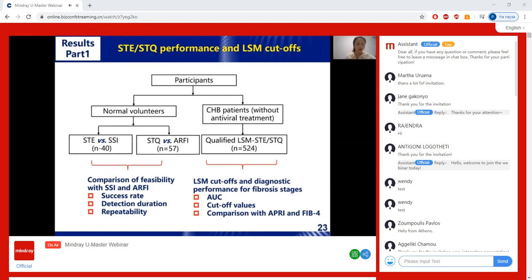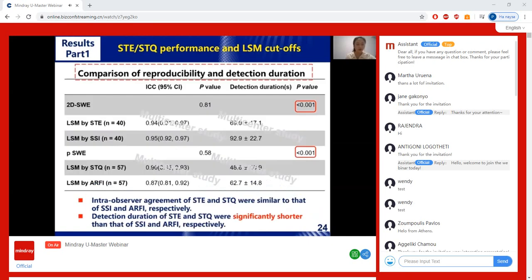The normal volunteers were randomly allocated into two subgroups for the comparison of applicability and repeatability of STE versus supersonic imaging and STQ versus acoustic radiation force impulse imaging. It was found that intra-observer agreement of STE and STQ was similar to that of SSI and RFI, respectively. Detection duration of STE and STQ were significantly shorter than that of SSI and RFI, respectively.